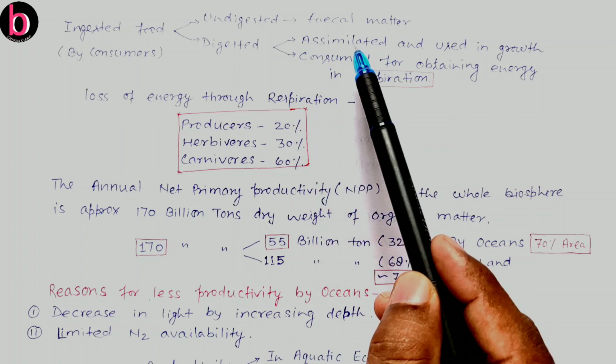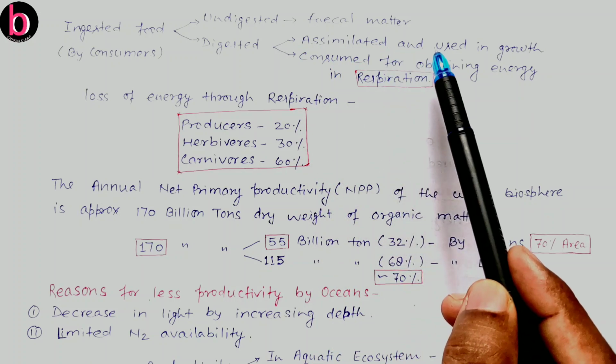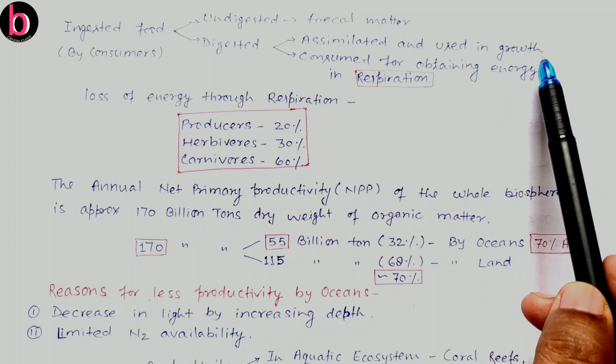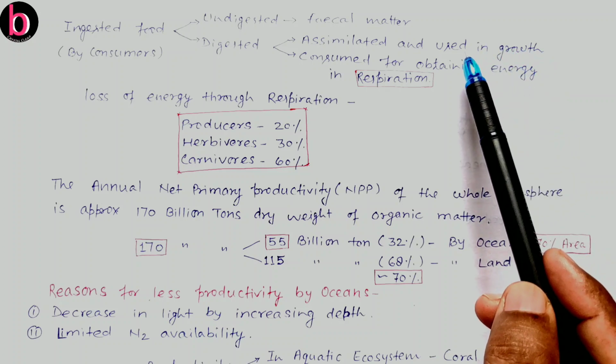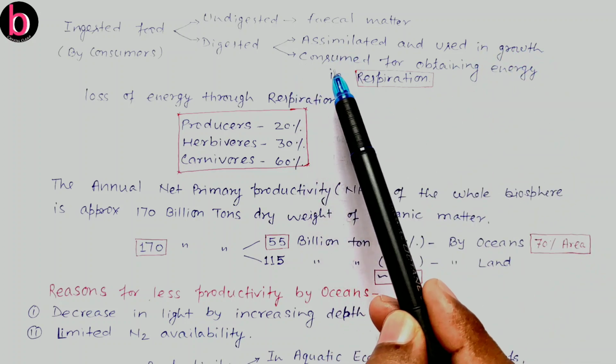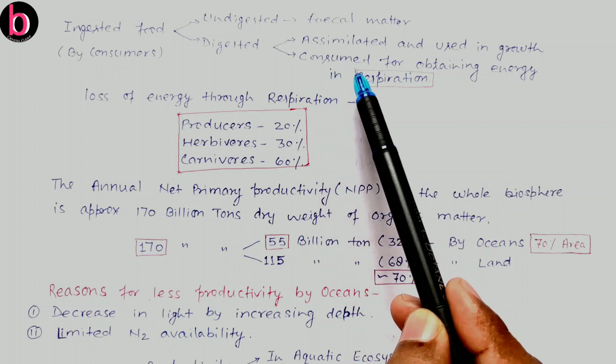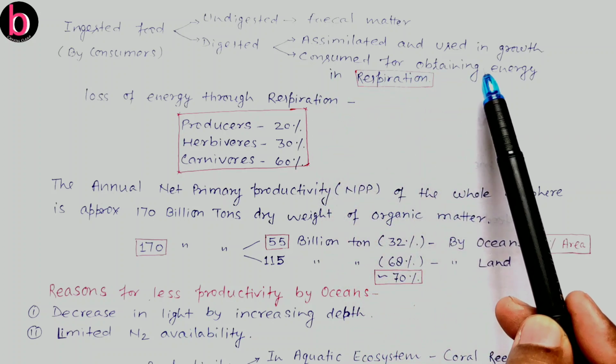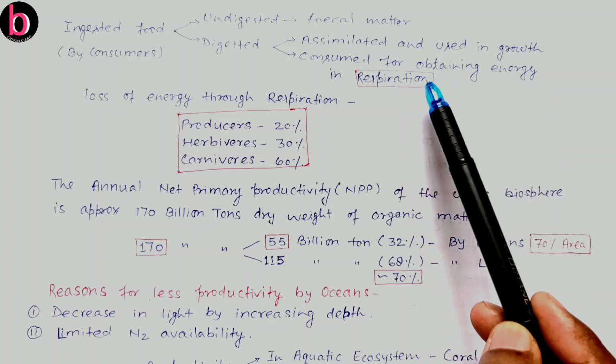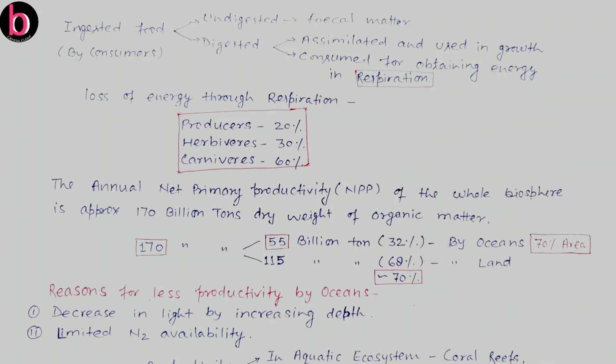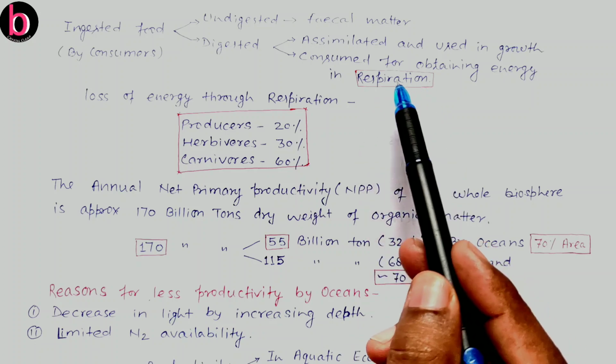Some is assimilated and used in growth activities for that consumer, while some is consumed for obtaining energy in respiration. So there is also a loss of energy because of respiration.